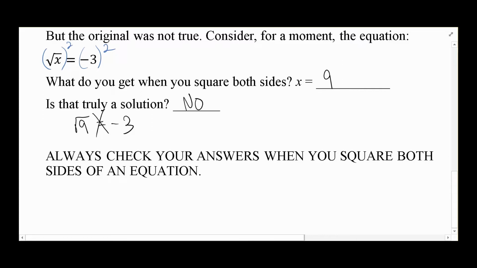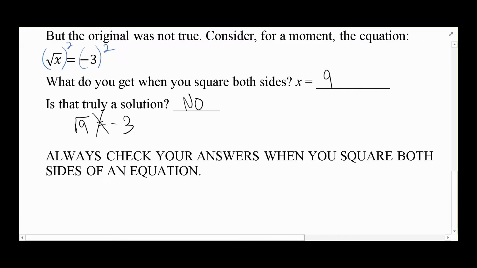This is really the second time in this course you have to check your answer. The first time was when you had x's in the bottom, because that could have made a division by zero problem. Now we're saying squaring both sides isn't quite legal. So if we square both sides, we have to check every answer we get back in the original. That's really important. This is not just checking to see if we made a mistake.